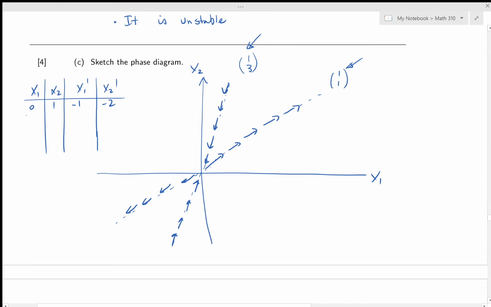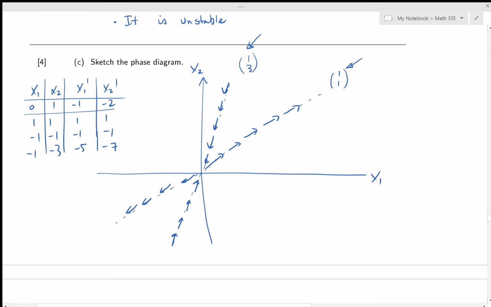So I can use a variety of points here to help myself see what's happening. I computed this one, and I get those two values. I computed this one, and I got these two values, and I computed this one, and I got these three values.